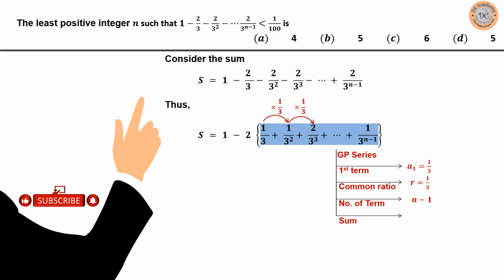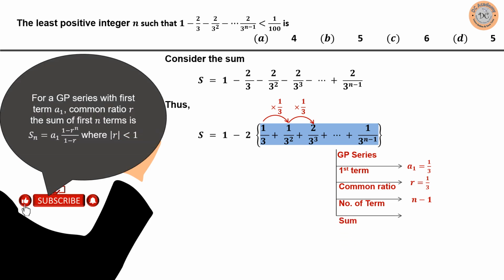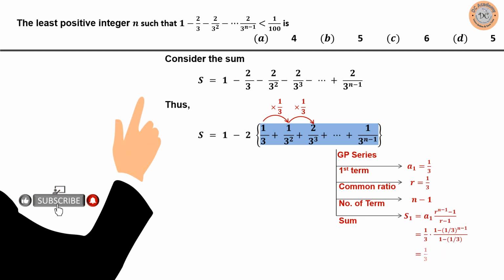We know that for a GP series, if the first term is A1 and the common ratio is R, then the summation of the first n terms is A1 into 1 minus R to the power n divided by 1 minus R, if R lies between minus 1 and plus 1. Using that here, A1 is 1 by 3, R is 1 by 3. So by simple calculation after substitution, the sum of that shaded series is 1 by 2 into 1 minus 1 by 3 to the power n minus 1.